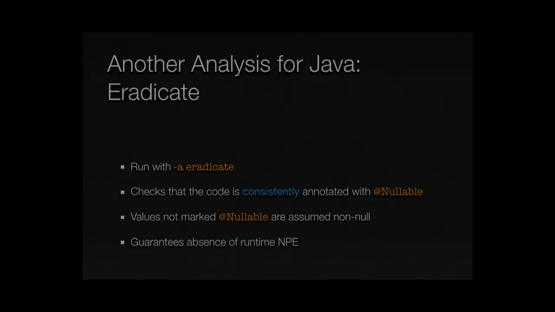So with eradicate, you can annotate objects that can actually be null with @nullable, and everything else will be assumed to never be null. And what eradicate does is it will check that the whole code base is consistently annotated in that fashion. And what that means is, whenever you dereference something that was marked nullable, then you better have checked for null before, and otherwise eradicate will yell at you as well.